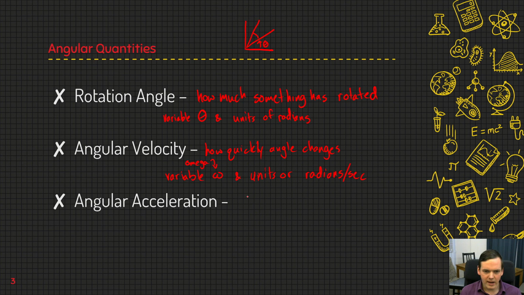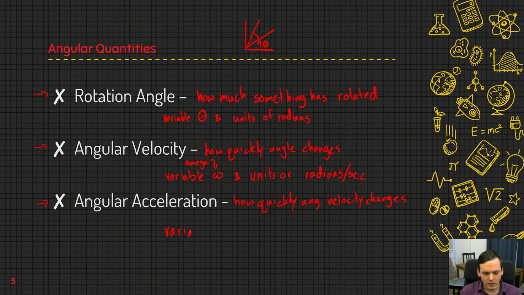And then with angular acceleration, this should be pretty clear: how quickly angular velocity changes. So just like position, velocity, acceleration, but now we have angular position, angular velocity, and angular acceleration.